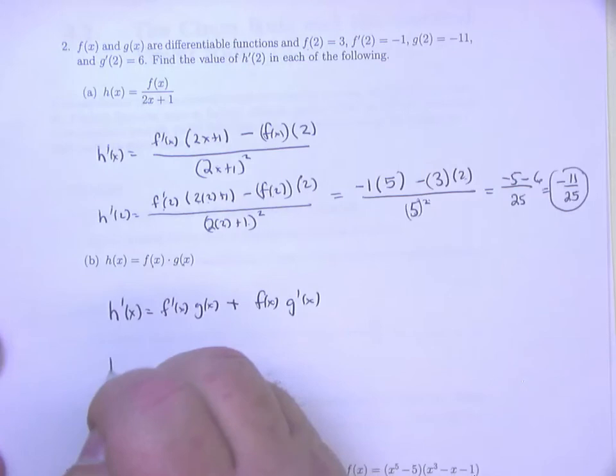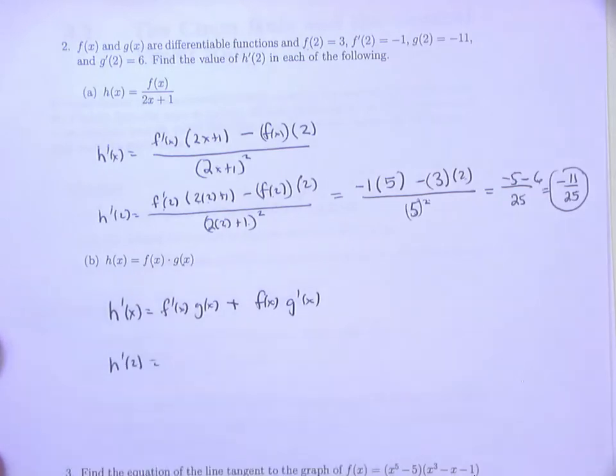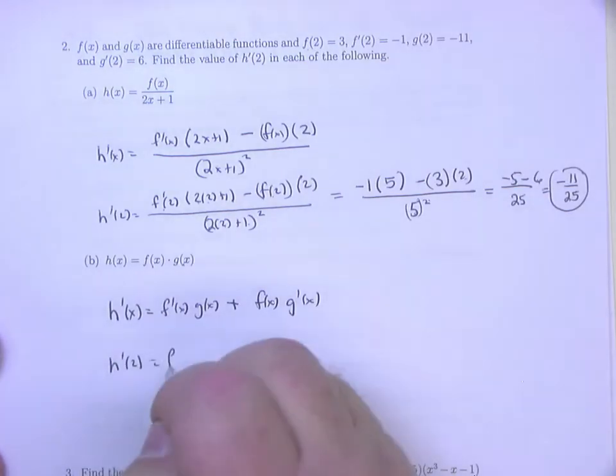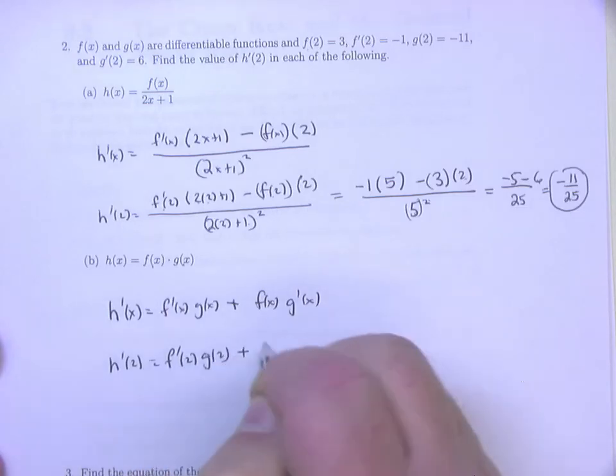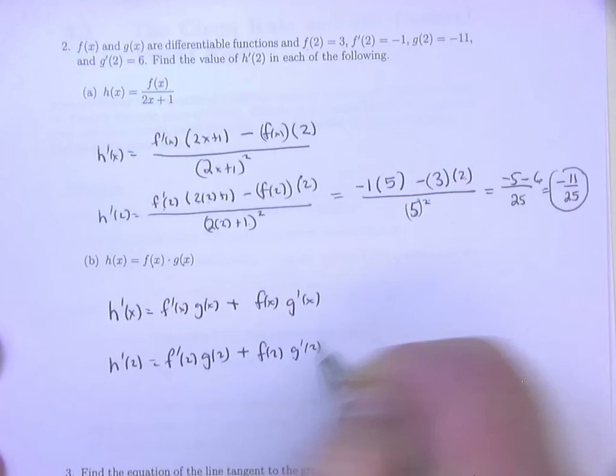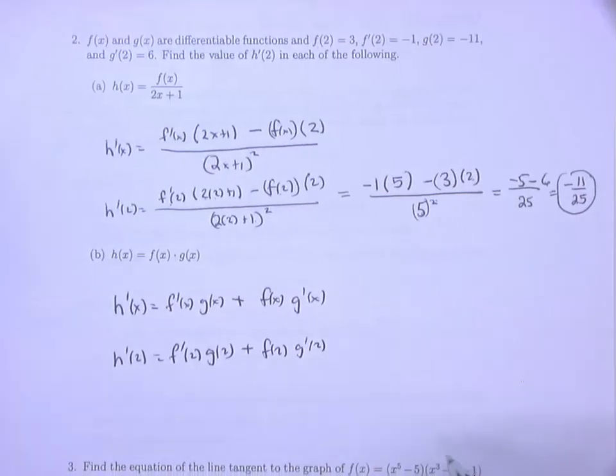But again, they want me to find h prime of 2, so I'm going to replace all the x's with 2. That would be f prime of 2 times g of 2 plus f of 2 times g prime of 2. Now, I'm going to go back up here and look at what they gave me.